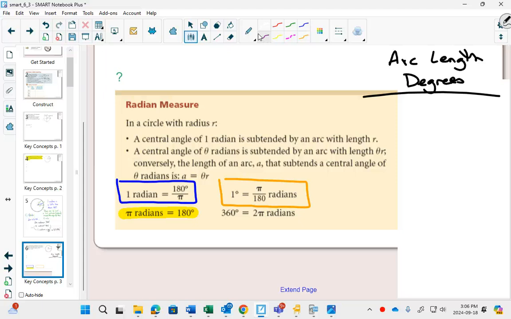Okay? I'm not sure why, but the letter that we use for arc length is S. Arc length. Probably because you use A so much already for area. So after A comes S.